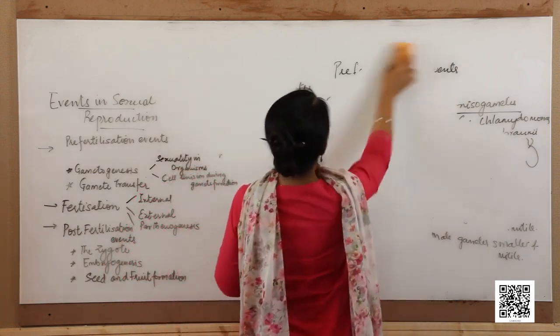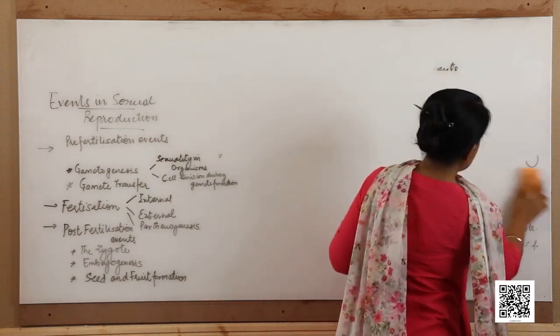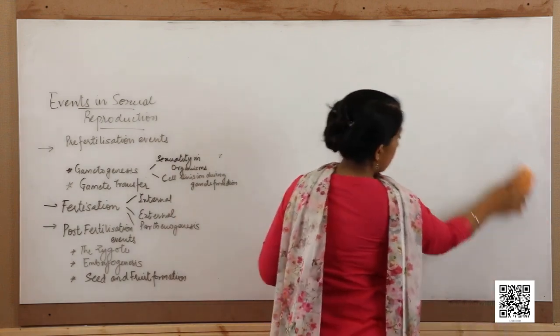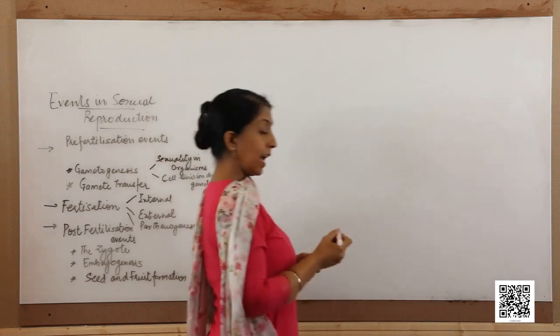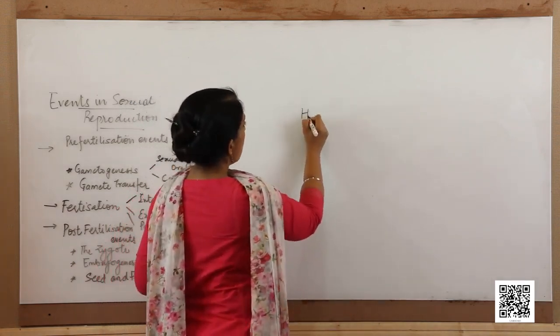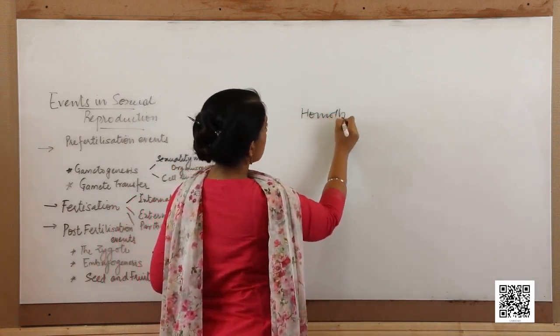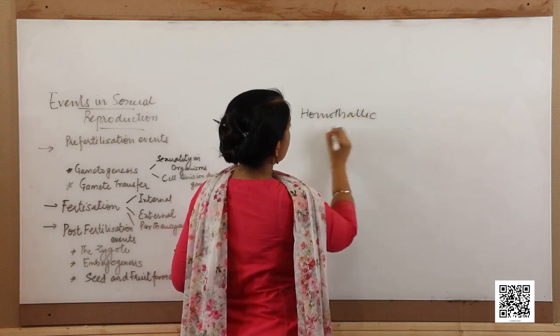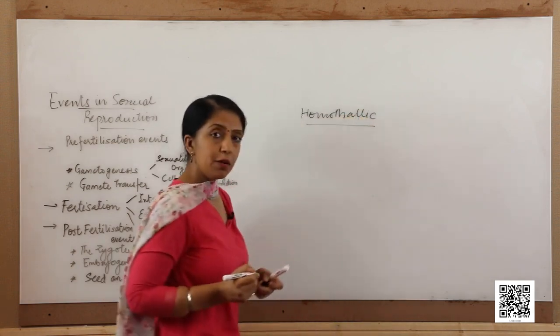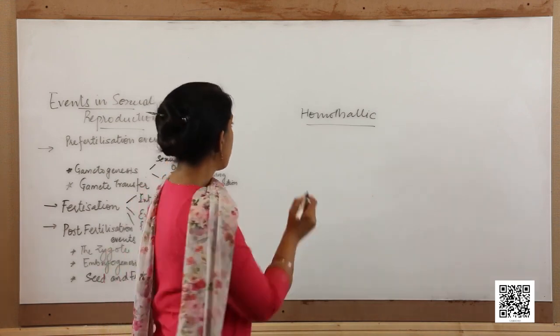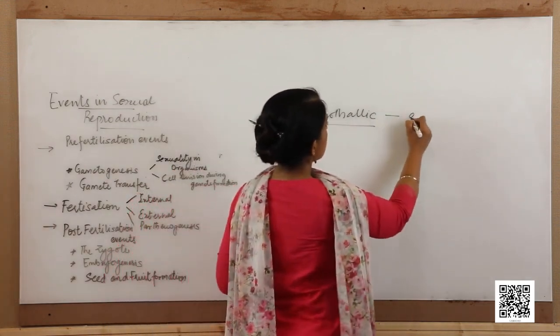So, the sexuality of the organism can be classified into homothallic, organisms in which the gametes are derived from the same parent.